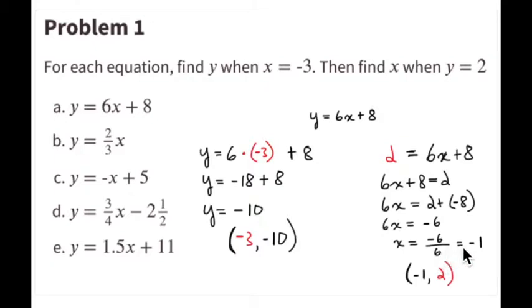Well, that simplifies to -1. These 6's cancel out, and you're left with a -1. The opposite of 6 divided by 6, or the opposite of 1, is -1. So this point, x is -1, y is 2. So now you have 2 points that are on the line, which is a graph of this equation.